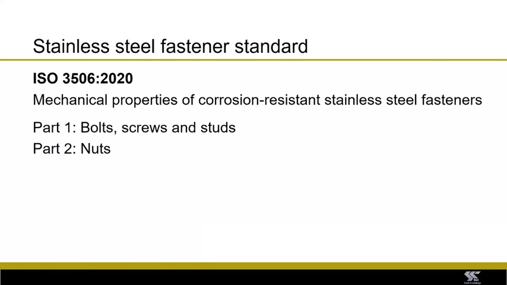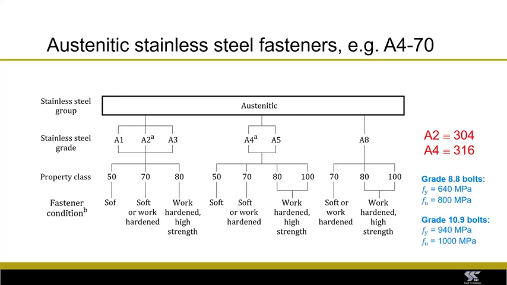What about fasteners? Well, here they are specified to an ISO 3506. Part 1 covers bolts and Part 2 nuts. Let me just explain the numbering system, because it's sort of annoying, but it doesn't use the same designation system as the flat material.